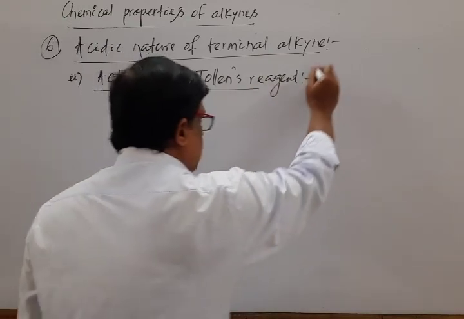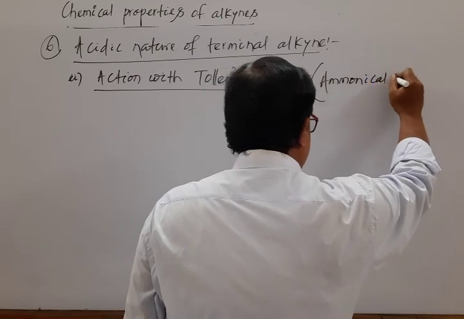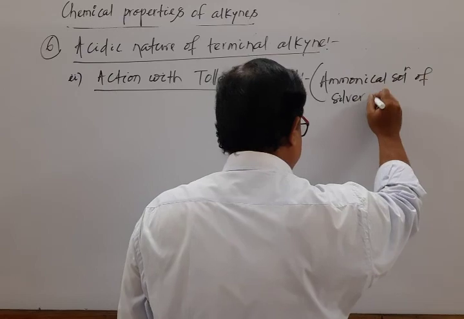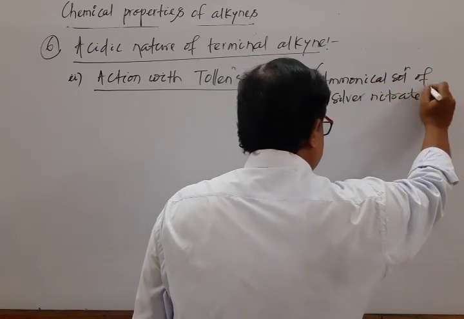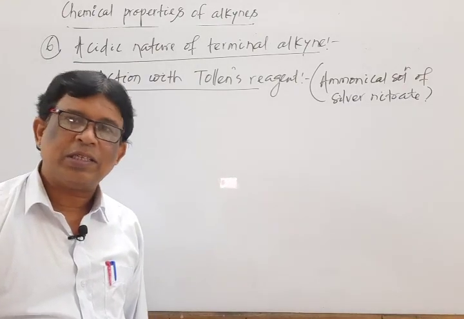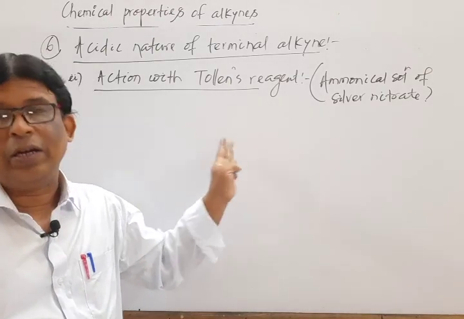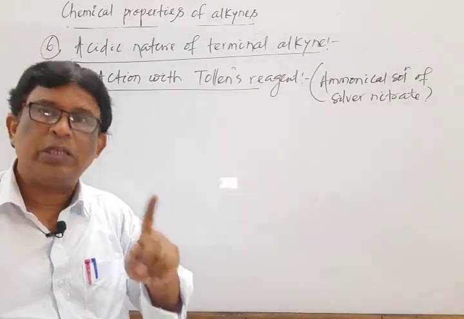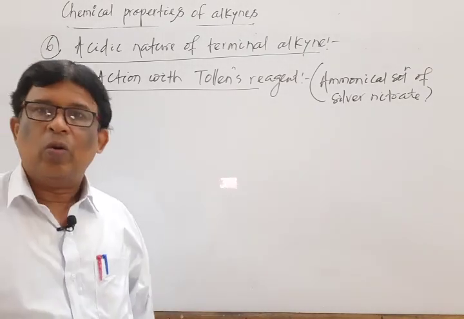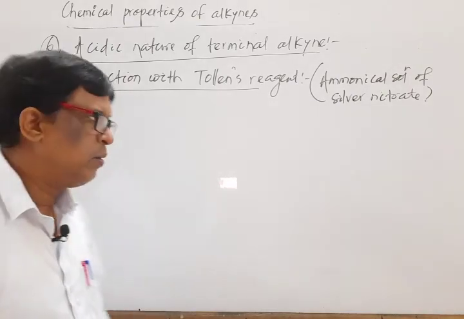It is nothing but ammoniacal solution of silver nitrate. So, what is the statement? When acetylene, that is alkyne having terminal triple bond and also possessing terminal H, is treated warm with a Tollens reagent, a white precipitate of disilver acetylide is formed.